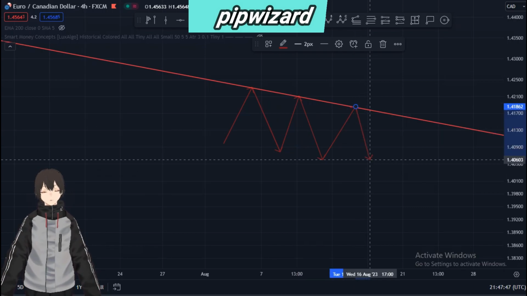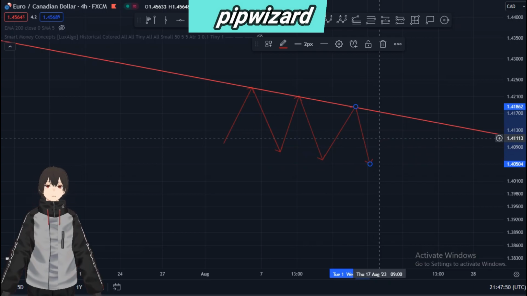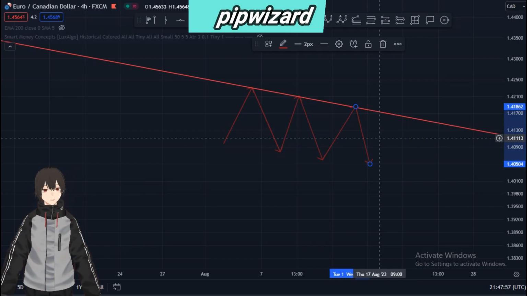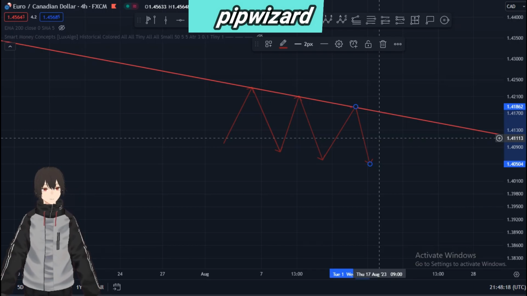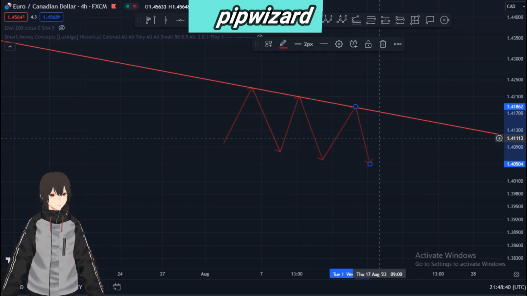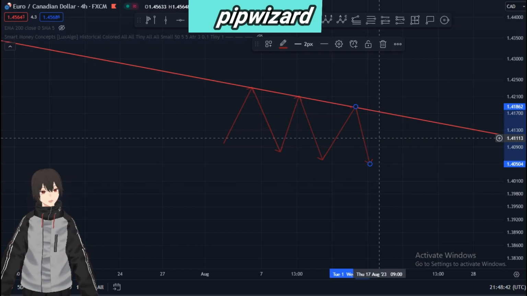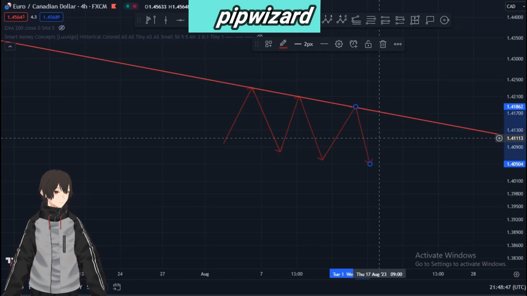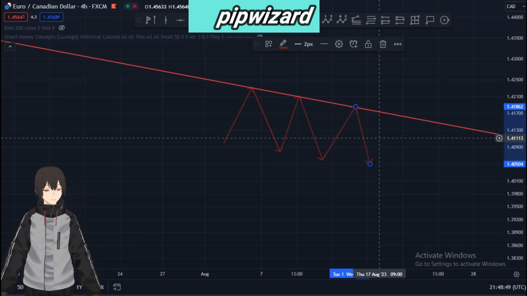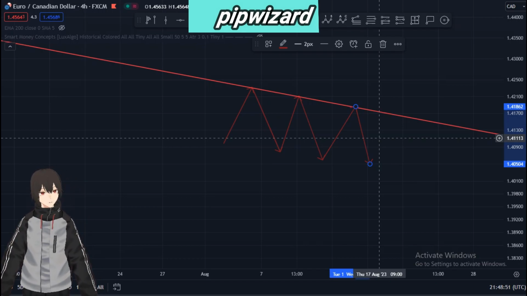I will say some important sentences. If you want to remember them, you should write them down. First, remember that the trend is your friend. It's so important that the trend is your friend. Slopes are not important. The third one: it's valid if the slope of the trend line is not more than 45 degrees.